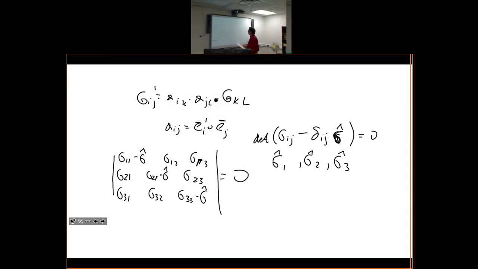Okay, and if you express this and find the determinant, which means multiply this times this times this, you will get the equation of that form.